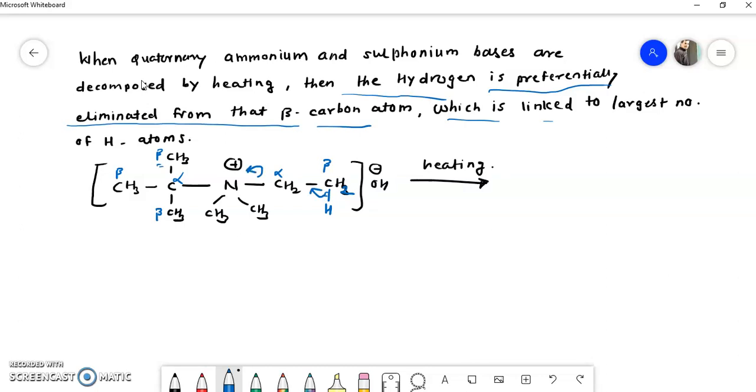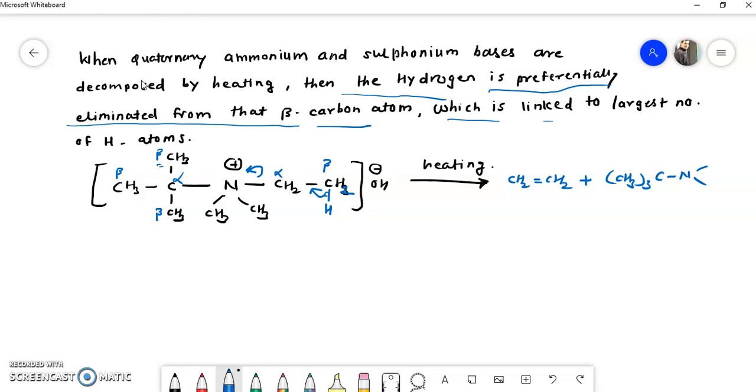So there will be formation of alkene CH2 double bond CH2 with the elimination of this moiety, CH3 taken thrice N, like this. So this will be the side product.